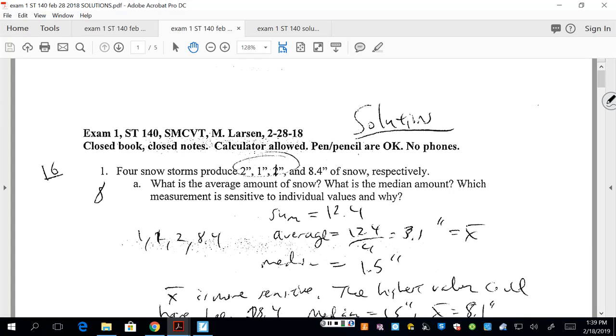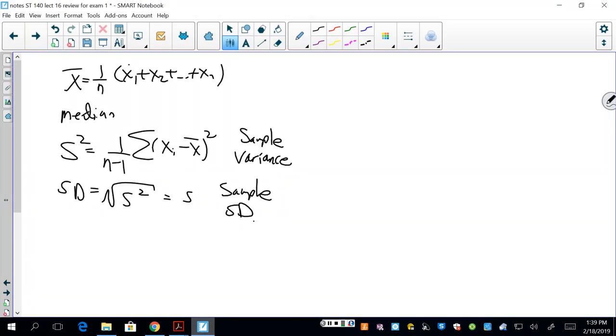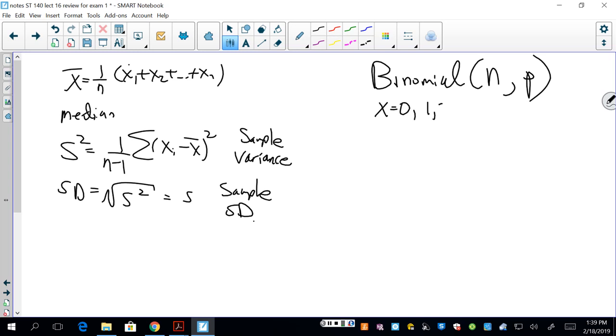In terms of formulas, right? So the binomial distribution, there's a sample size n and a probability p, and the values that can happen 0, 1, 2, up to n is counting the number of successes.